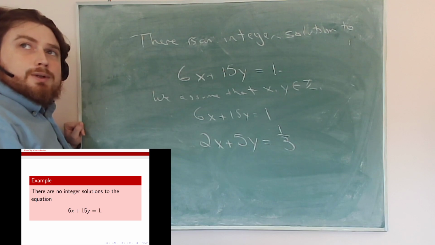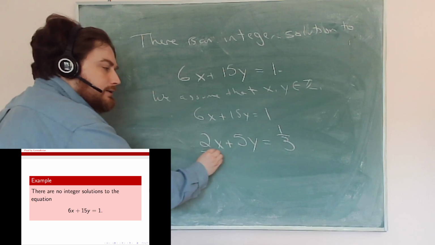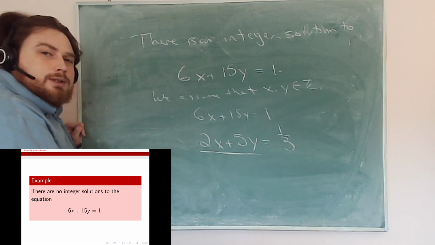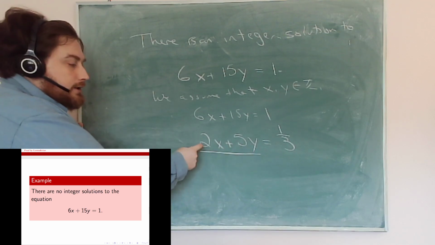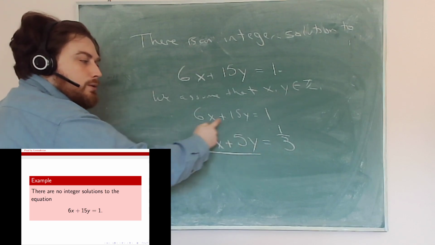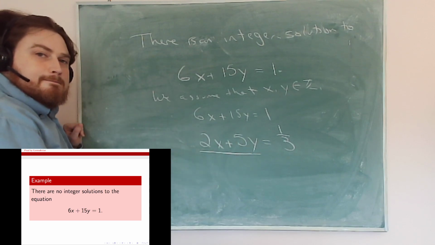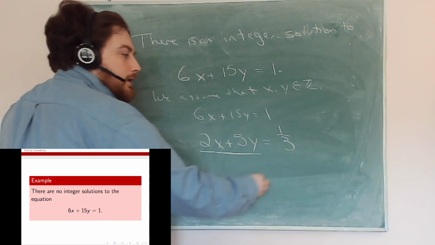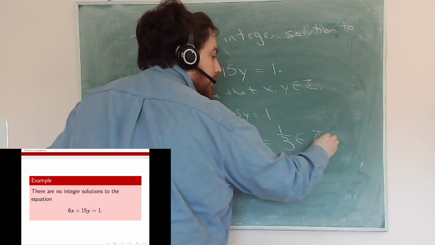Now the reason why I'm doing that is because recall that we said x was an integer and y was an integer. So what we should get is 2 times x is an integer, 5 times y is an integer, so this whole thing should be an integer. But we've just said that this whole thing is 1/3, so that implies that 1/3 is an integer.